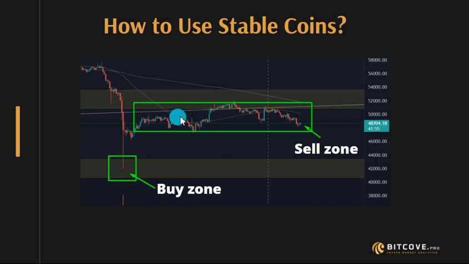So as we go sideways, you can set your sell orders just below this support right here. I'm sorry, resistance. There was support that became resistance right now. So this is the level where you sell your stable coins. This is where you order, this is when you sell.